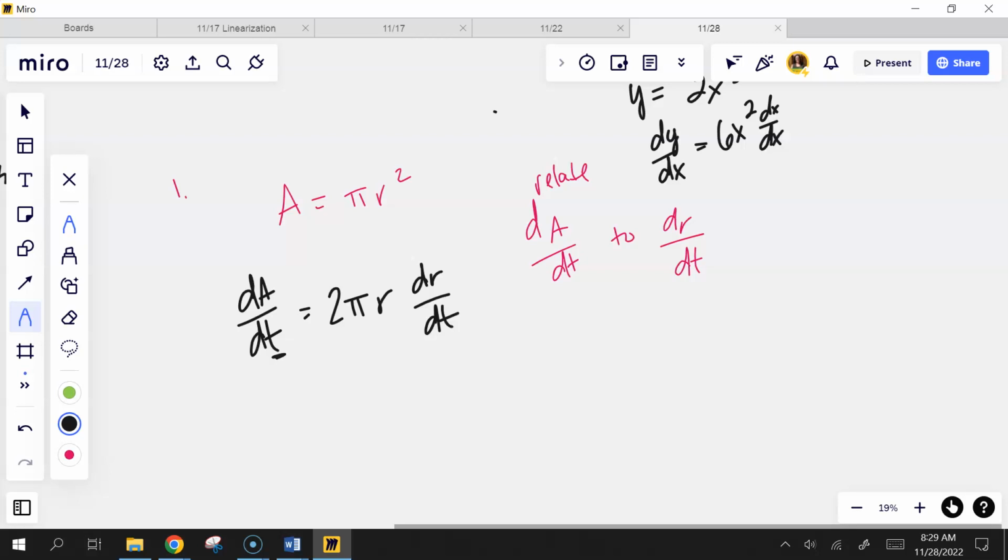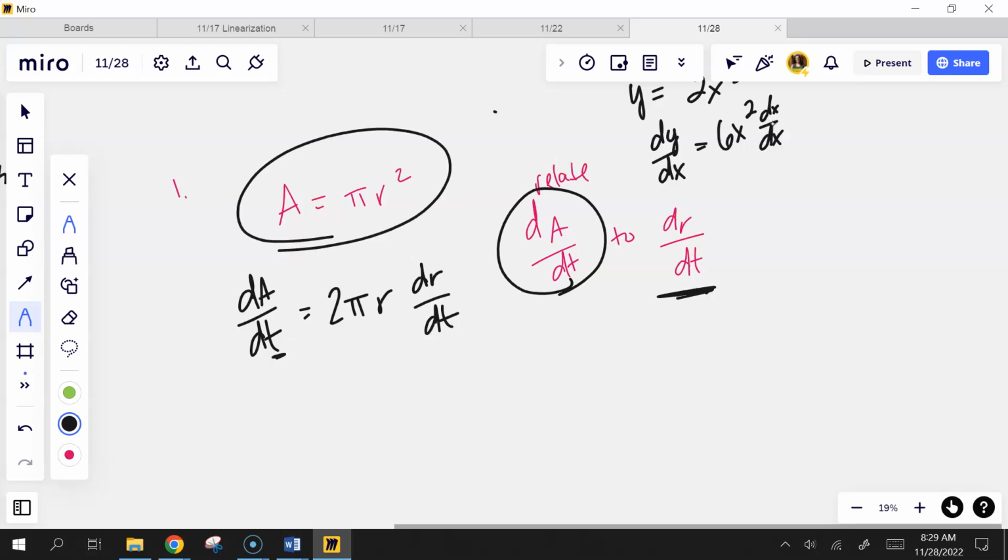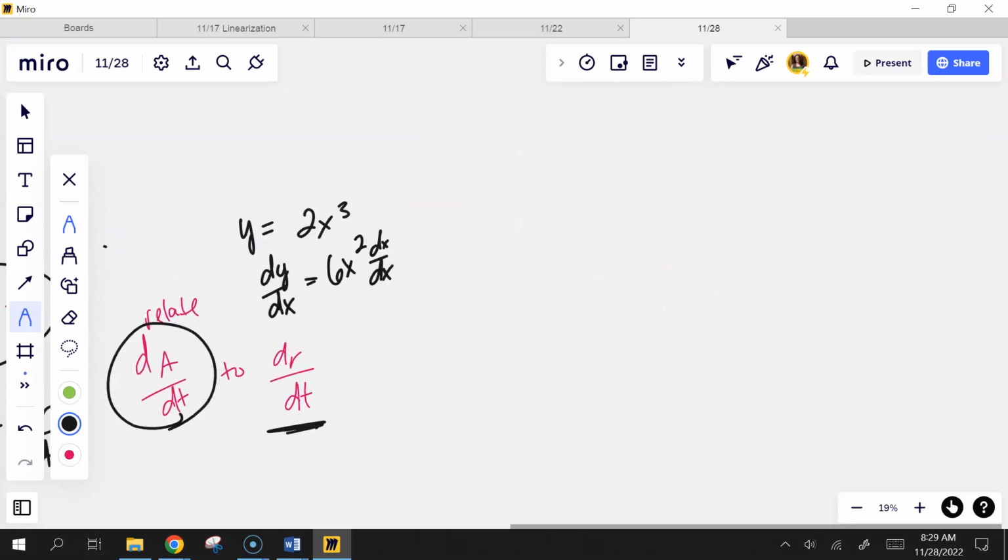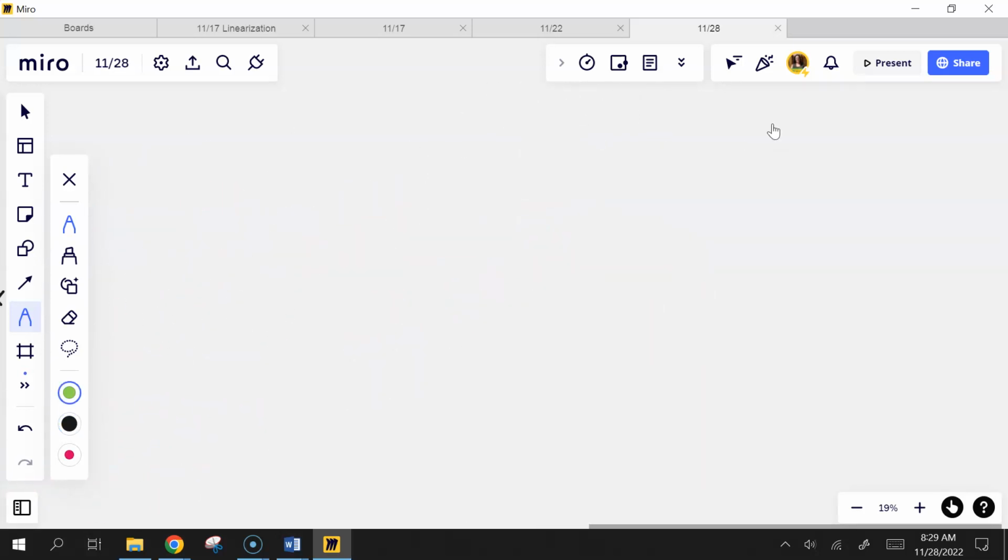So over time, the area is increasing 2 square inches every second or something. So that's dA/dt they're asking. How would that relate to dr/dt? Well, if I take the derivative of this with respect to t, that means every variable has to be followed with d whatever dt. Let me go backwards.